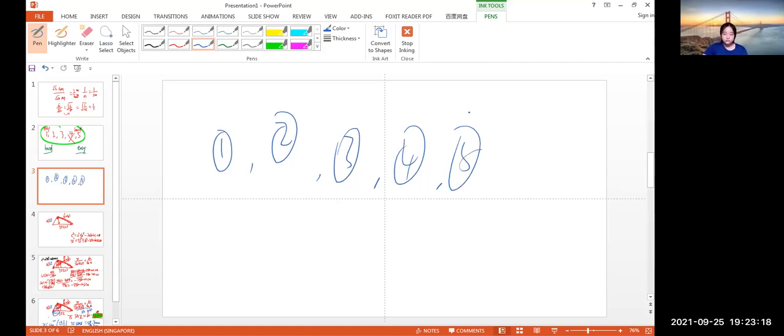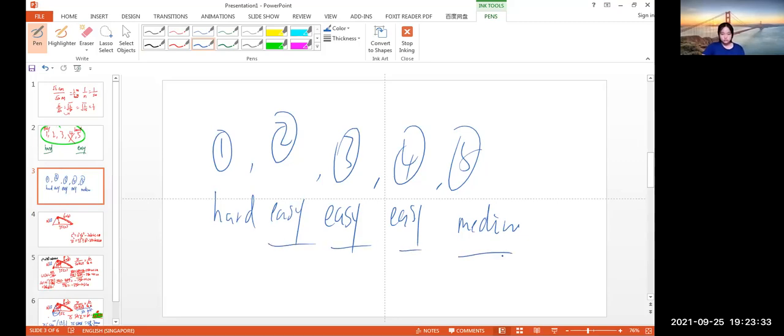So you look through all the questions first, and then you find that question 3 is easy, this is hard, this is easy, this one is medium. So your strategy, you better do this 3 first, then do this. This is your last one to do.